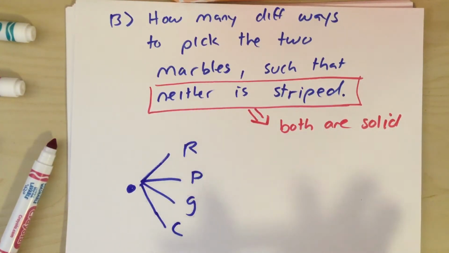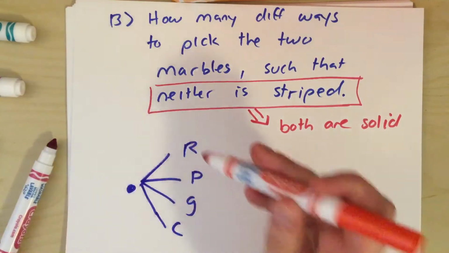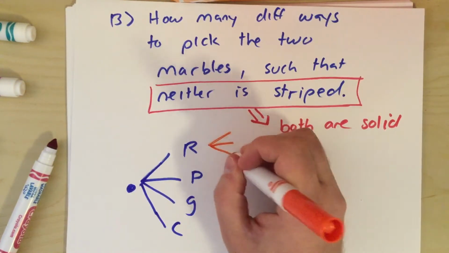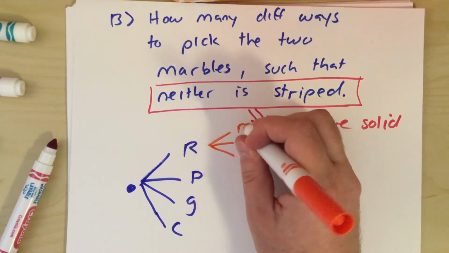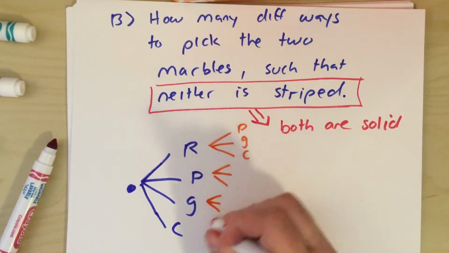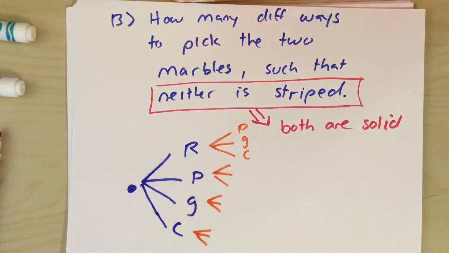And then for the second one, well, now that red's gone, there was 4 options. Now there's only going to be 3 options, because now we have pink, green, or cyan. 3 options, 3 options, 3 options. Overall, there was 4 options for each of the first, 3 options for each of the second.